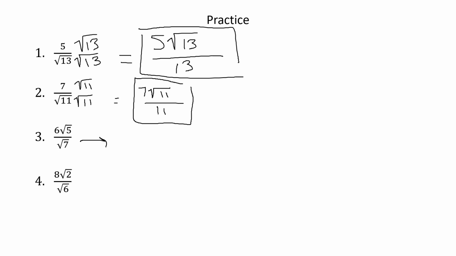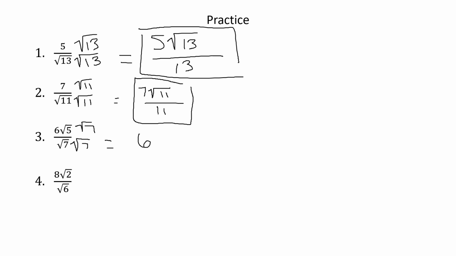Number 3 here, and then I'll probably work 4 over there on the right side of the screen. What I'm going to do is multiply. This can't simplify, so the only option I have is to multiply the top and the bottom by the square root of 7. So now on the top, I have 6.